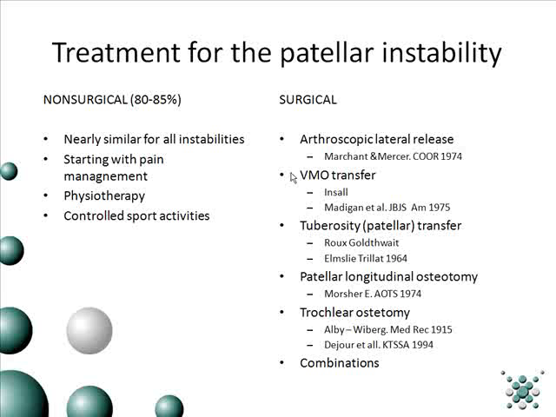Mainly conservative. We can talk about this later. Surgical is proximal realignment and distal realignment, or treatment of the patella and the trochlea. What is the main principle? It's correction of the knee pathology.